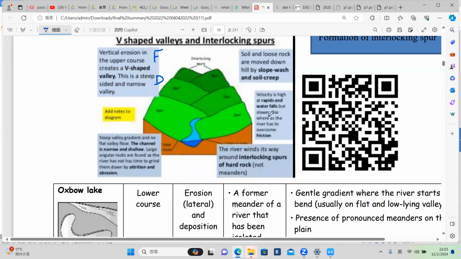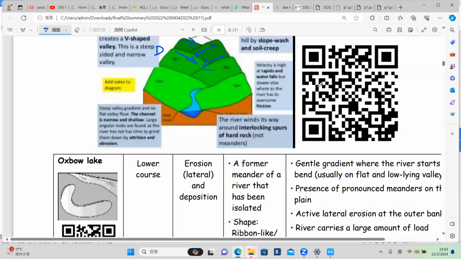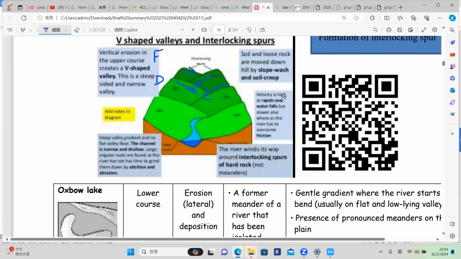If you are not examined on the interlocking spur, there are 4 to 5 marks. Then soil and loose rock are moved down the hill slope by slope wash and soil creep, like a slow version of a landslide. If the velocity is higher it is more rapid, while the river has to overcome friction.